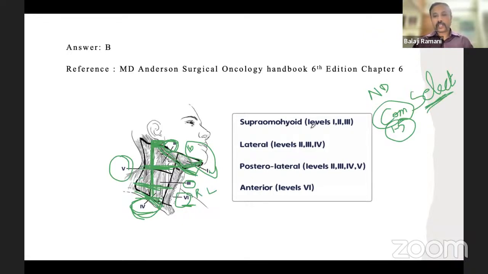So what are the types of selective neck node dissection which are there? So here we have the supraomohyoid, which corresponds to level 1, 2, and 3. Then you have the lateral neck dissection, which as we saw is the jugular node dissection, which is level 2, 3, and 4. Then you have the posterolateral, which is nothing but a combination of the lateral and the posterior type, which is going to be level 2, 3, 4, which is the lateral, plus level 5, which is going to be the posterior.